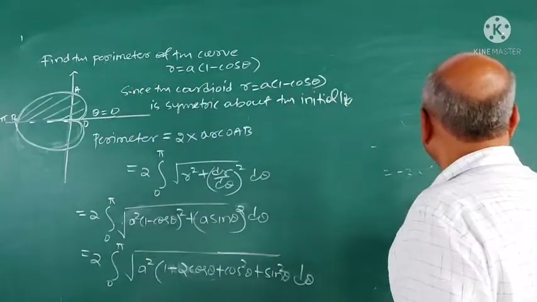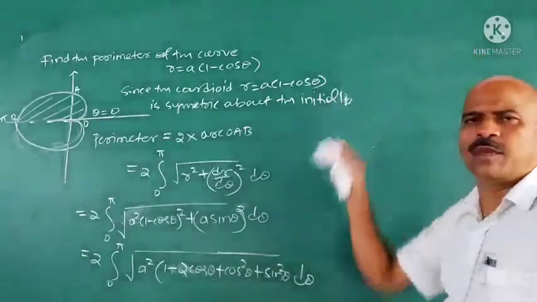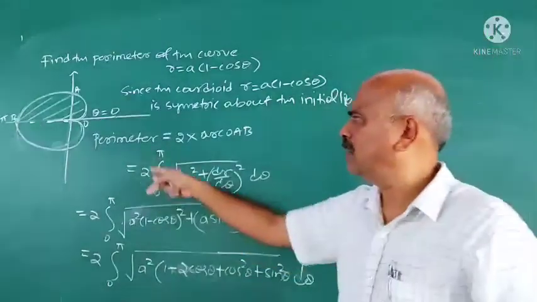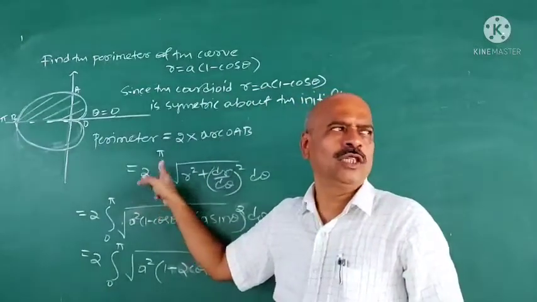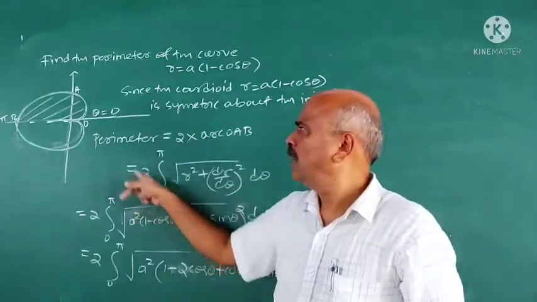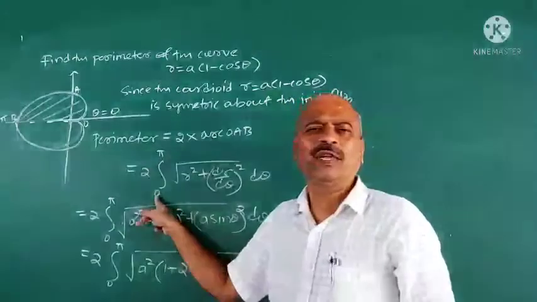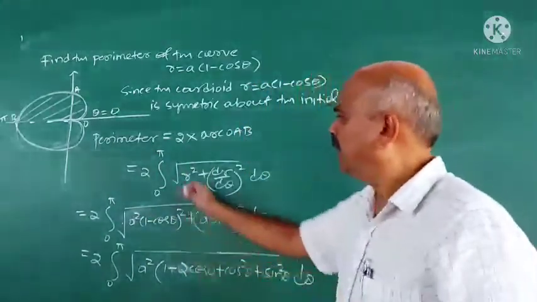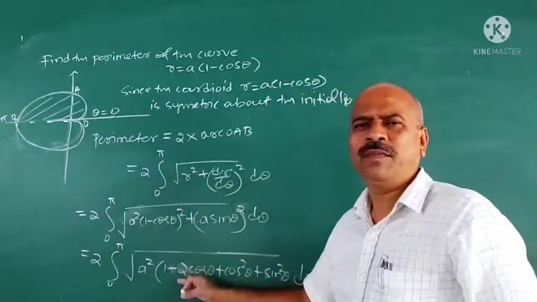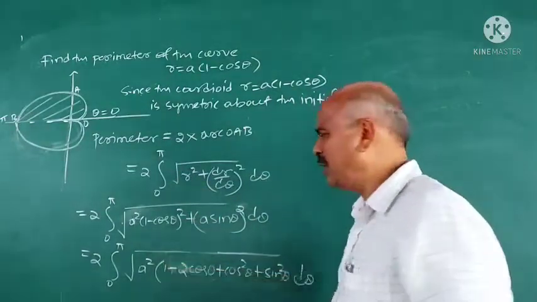First, the important thing is that you should know the curve. If you know the curve, only then can you have this idea. The perimeter is 2 into this length, and for the upper half of the curve, θ varies from 0 to π. That gives the limits of integration. Next is only evaluation of the definite integral.